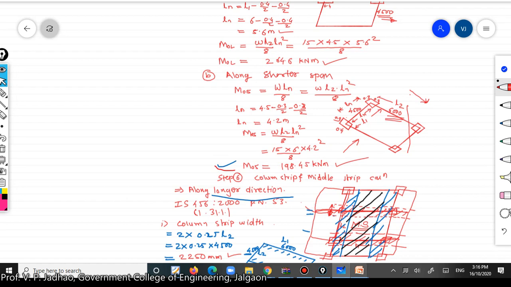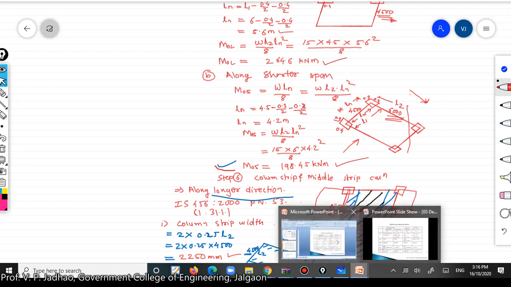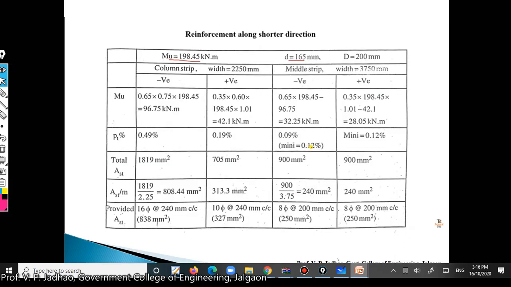So for this particular bending moment, we have to calculate the steel reinforcement along the shorter direction. Okay, now this is the bending moment, 198.45 kilonewton meter, and the effective depth, small d, will be 165 mm along the shorter direction.